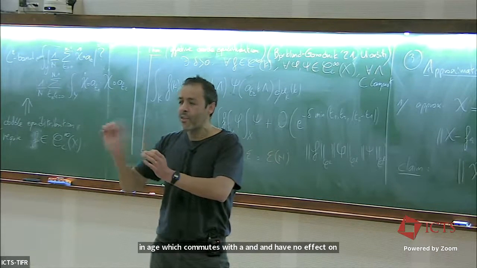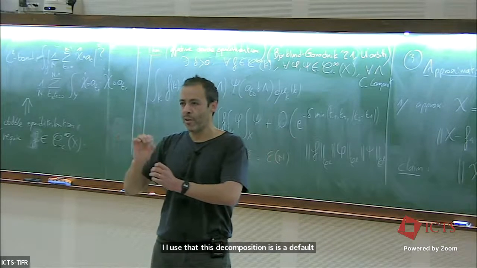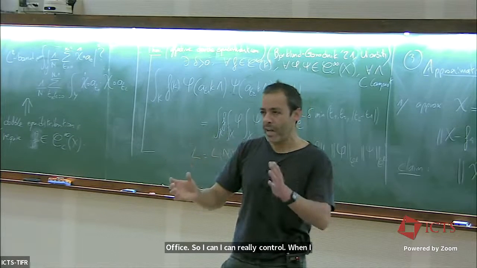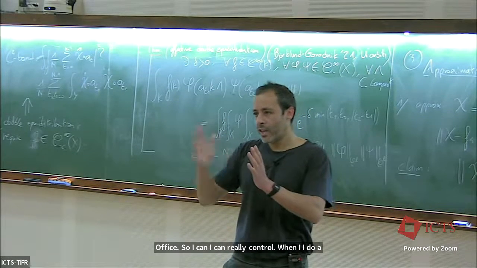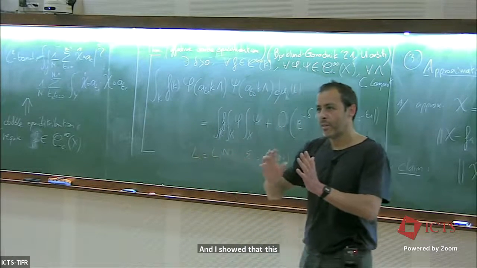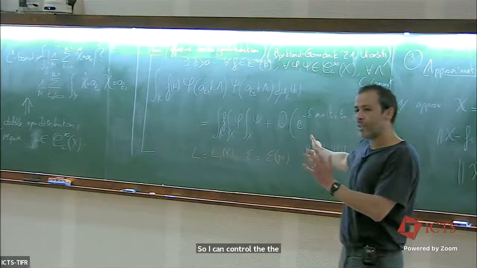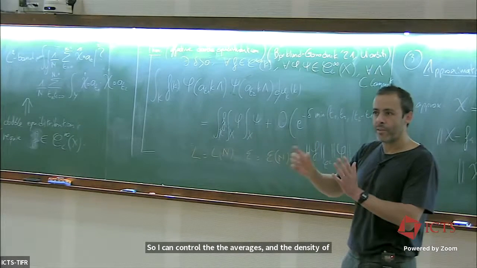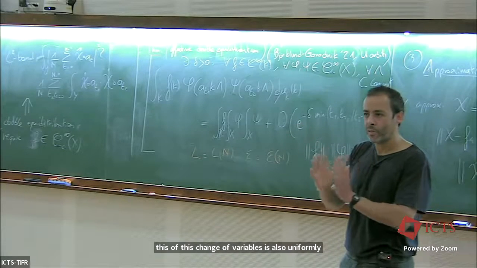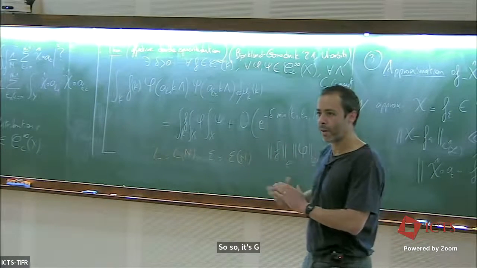I use that this decomposition is a diffeomorphism, so I can really control things when I do a change of variables between K and U, and I show that this change of variables is a diffeomorphism, so I can control the averages, and the density of this change of variables is also uniformly bounded. So it gives the equidistribution the same exponential rate.